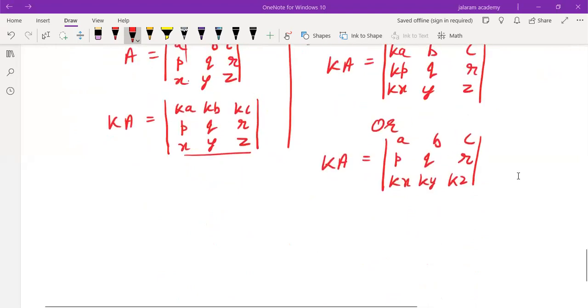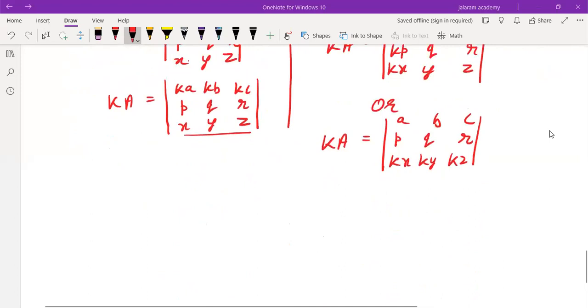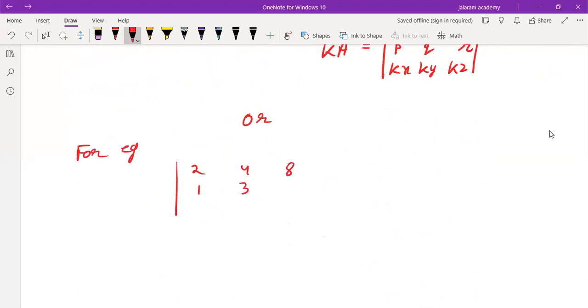Like the same property: if there is a determinant 2, 4, 8, 1, 3, 5, 7, 9, 6, you observe that 2 is common in the first row. Means if we take this 2 common from the first row, it is 1, 2, 4, 1, 3, 5, and so on.